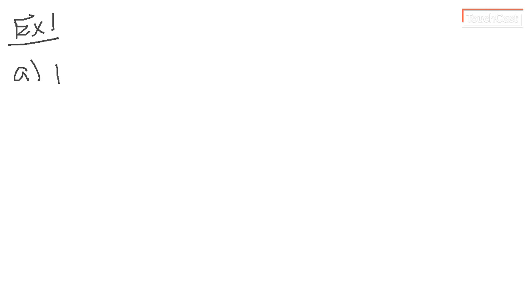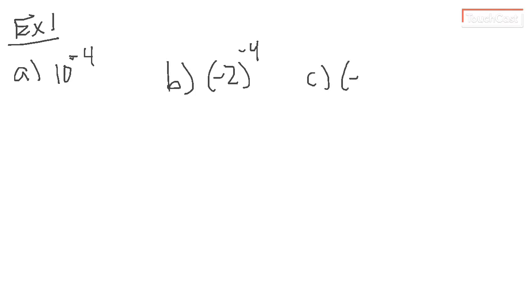We're going to look at 10 to the negative 4th power, negative 2 to the negative 4th power, negative 2 to the negative fifth power, and lastly, 5 to the 0 power.